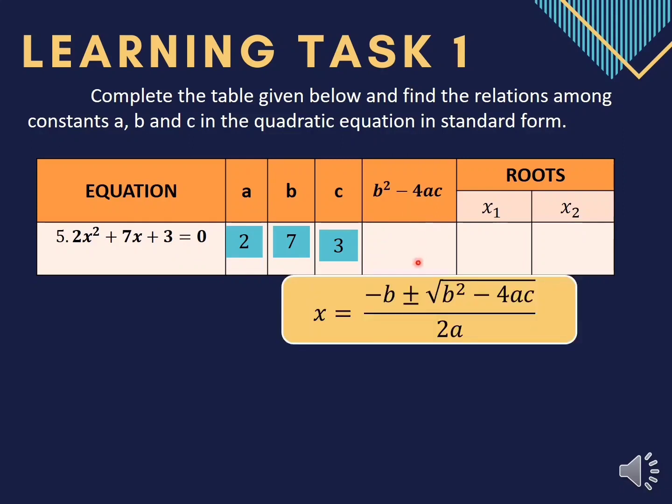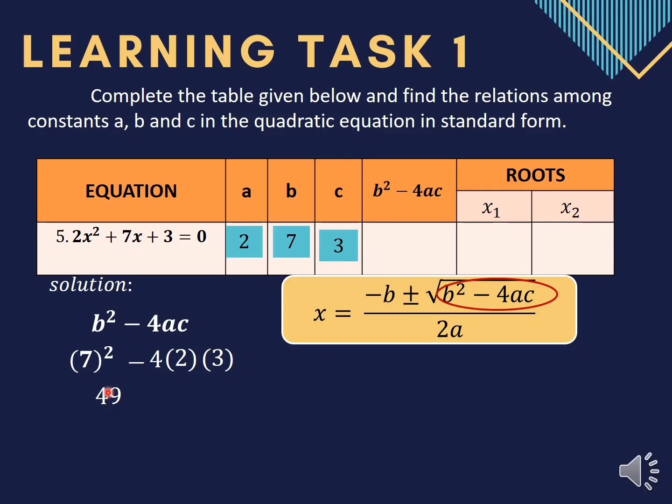For b squared minus 4ac, we have 7 squared minus 4 times a, which is 2, times c, which is 3. 7 squared is 7 times 7, and that is 49. Minus 4 times 2, we have 8 times 3, which is 24. And 49 minus 24 is 25. So the value of b squared minus 4ac is 25.